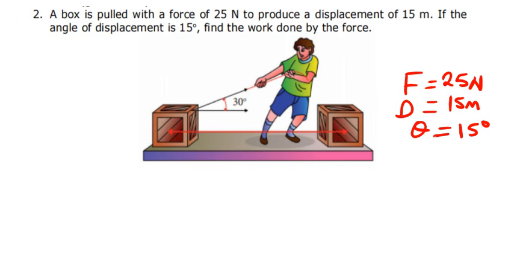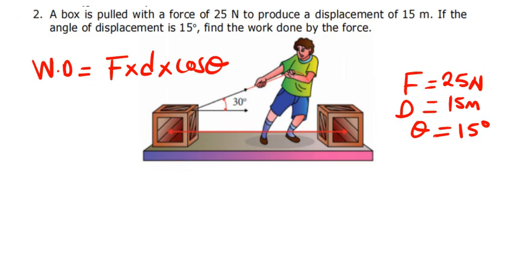So what will be the work done? You know that work done is equal to your force times the distance times cos theta, the angle. In this case, the force we've been given is 25, multiplied by the distance we've been given, 15, times cos 15 degrees.